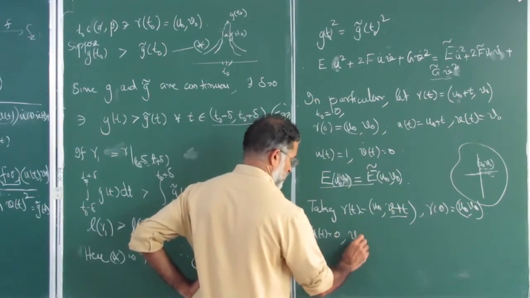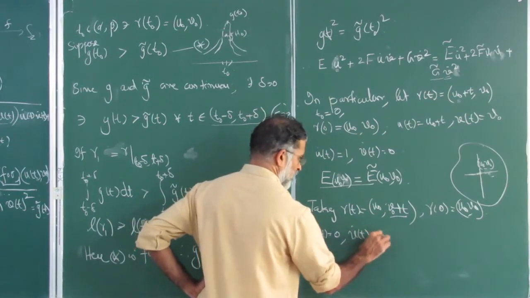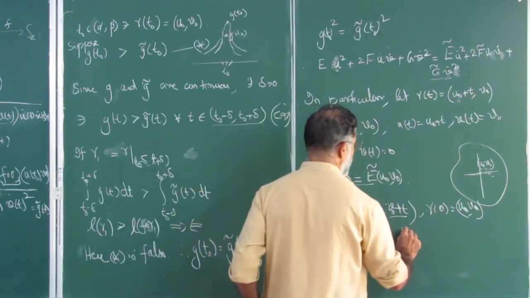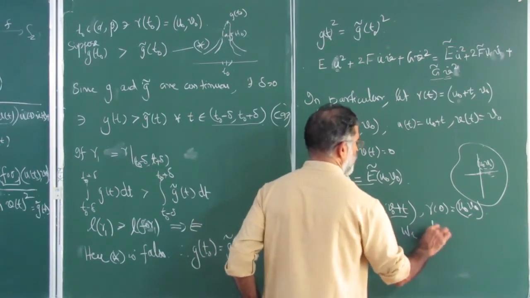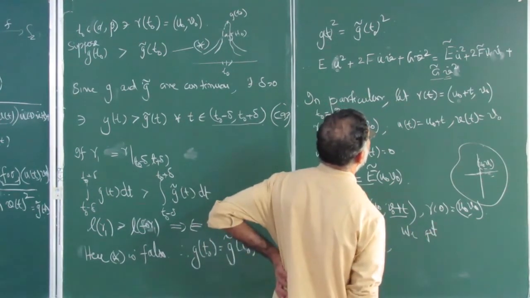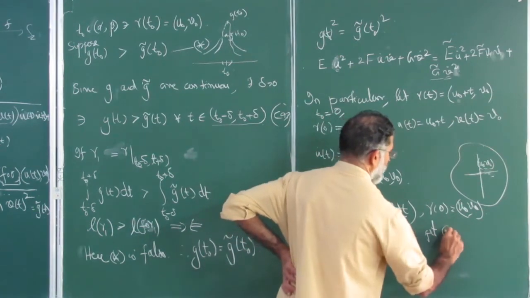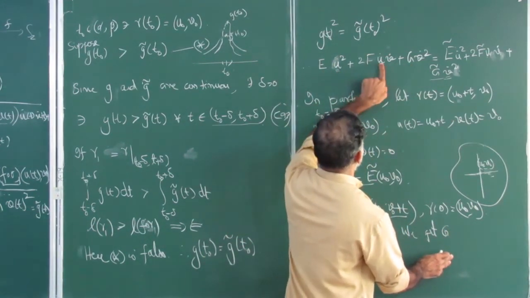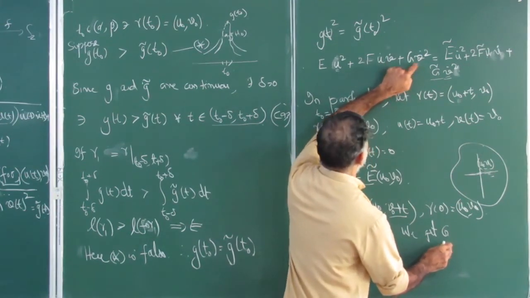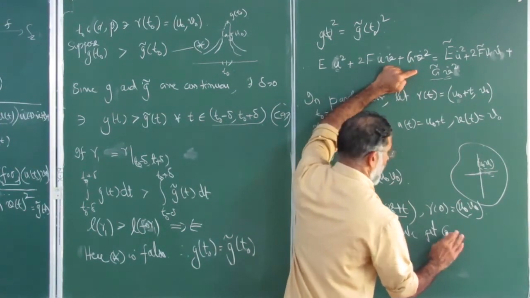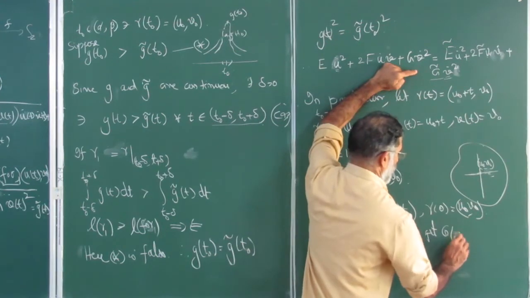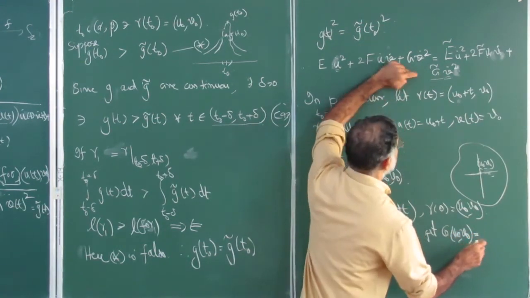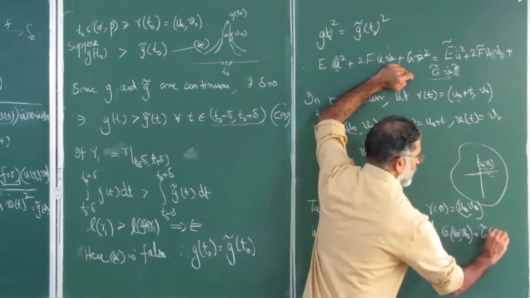Substituting here, u̇ is 0, so you get only G, and v̇² is 1. So G at (u0, v0) is equal to G̃ at (u0, v0).